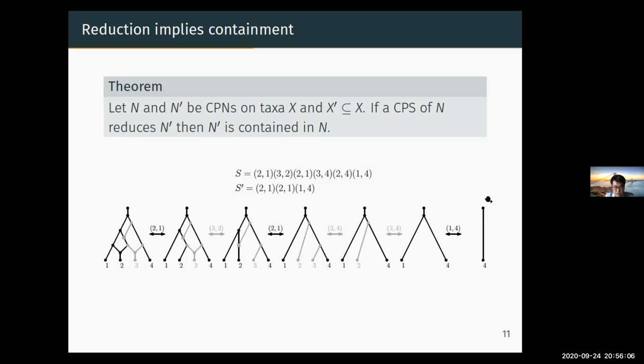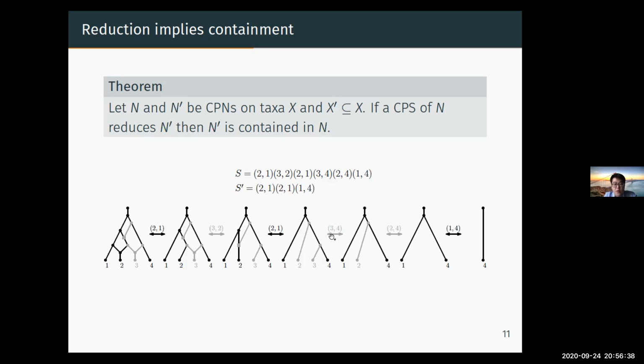So right here, we start with a single leaf network 4, and we add a cherry 1, 4 over here. Now 1, 4 is also used in S prime. So we label this edge, so the edge is black. And second, here, when we add the cherry 2, 4, so this is where the mistake is in the figure, I apologize. So this should actually also be black, right?